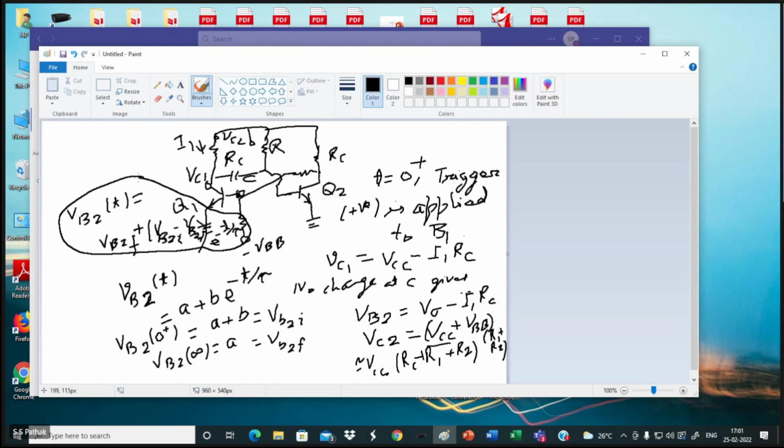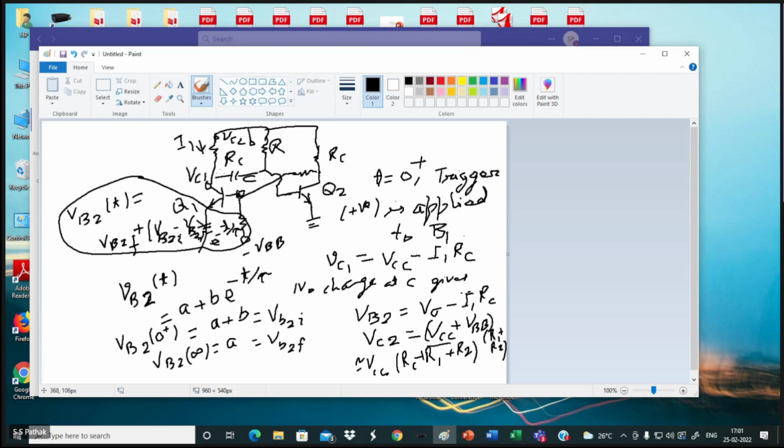Now what is the potential varying at the base of B2, the second transistor, which will drive it into saturation? That point I am interested in because it has come back to its own stable state. Here, the impulse is gone.